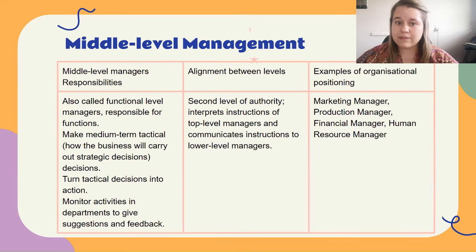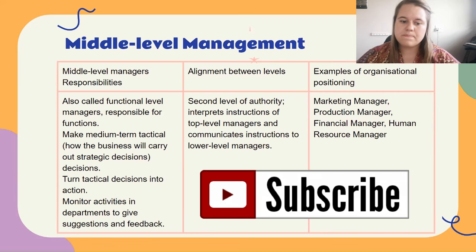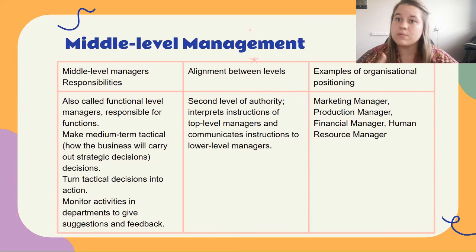Moving on to middle level managers, also called functional level managers, and they're responsible for functions. They make medium-term tactical decisions, so that's how will a business carry out these strategic decisions? The strategic decisions are being made on top, now they're figuring out how they will be carried out. They turn the tactical decisions into action, so they're the ones that actually get the ball rolling.